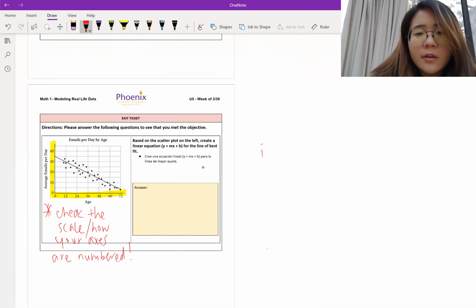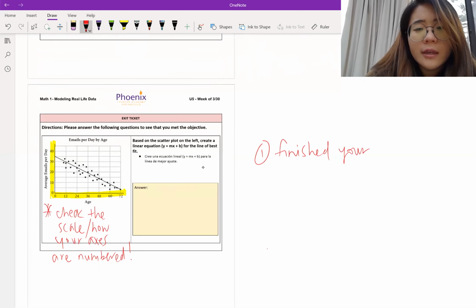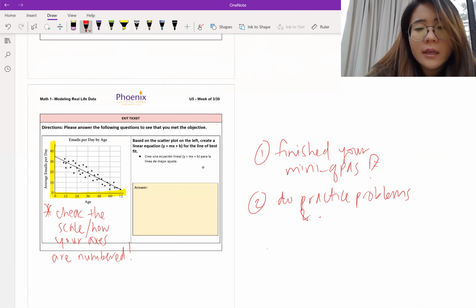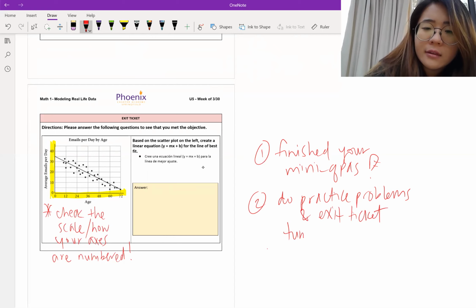All right, so first thing first, make sure you have finished your mini QPAs. If you have any questions, please let me know. 2, do practice problems and the exit ticket, and turn that in.